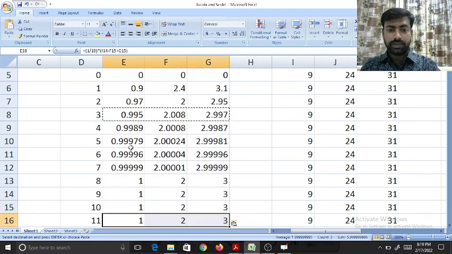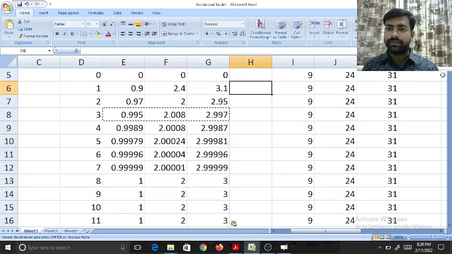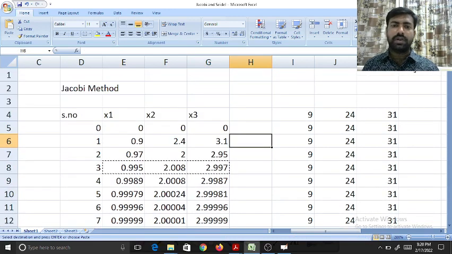You see, from the 8th step onwards, it exactly converges to the solution, that is 1, 2, 3. This is the Jacobi method.